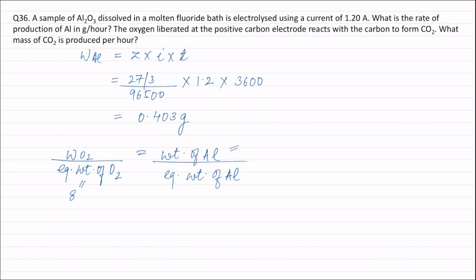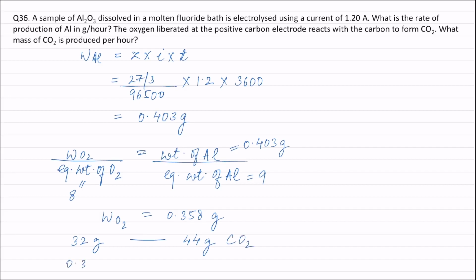Weight of aluminium is equal to 0.403 grams. Equivalent weight of aluminium is equal to 9 grams. Solving this equation, the weight of oxygen is equal to 0.358 grams. Now 32 grams of oxygen reacts with carbon to form 44 grams of carbon dioxide.